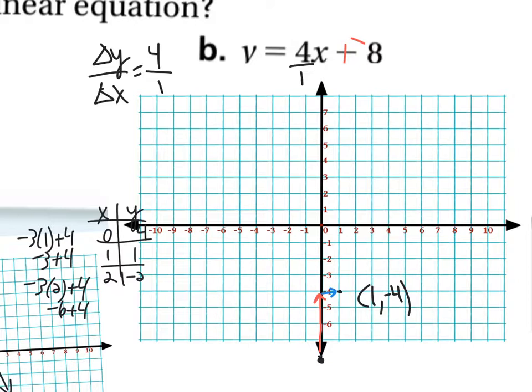And again, we could draw a line through those points. No guarantees since I went off the graph a little bit there. But the graph should be something kind of like this.